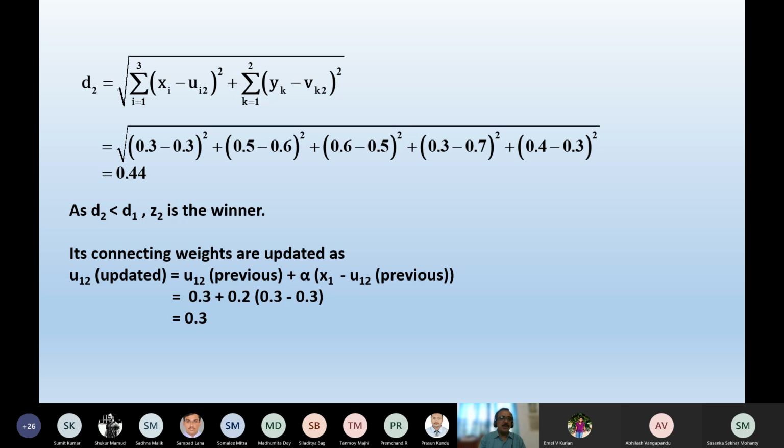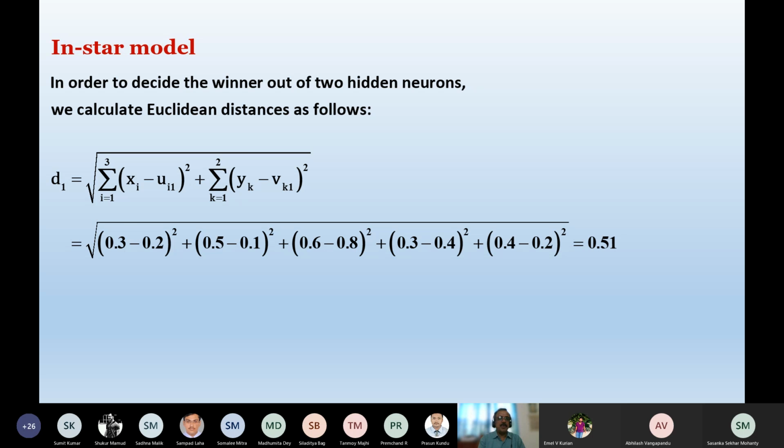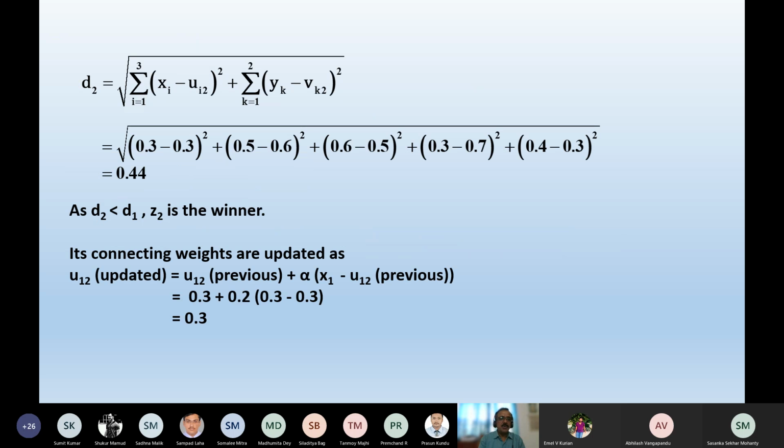Now, how much was D1? D1, if you remember, was 0.51 and D2 is found to be equal to 0.44. That means D2 is less than D1 and consequently Z2 will be declared as the winner. And that completes your in-star model training.